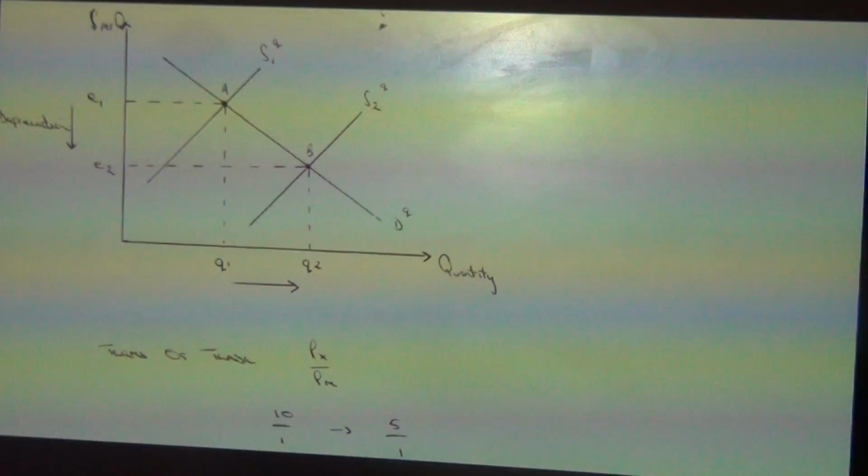And so if you then lock that into your terms of trade, again, something which you really ought to be including in an answer like this, terms of trade being index of export prices over index of import prices, or rather simply PX over PM, look at the first ratio, 10 over 1. So that means if you sell one export for £10, let's say, you could buy 10 imports.